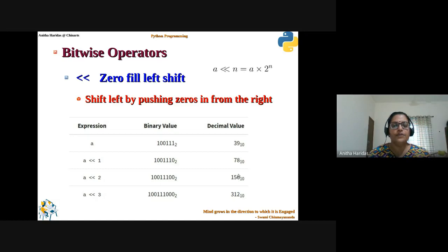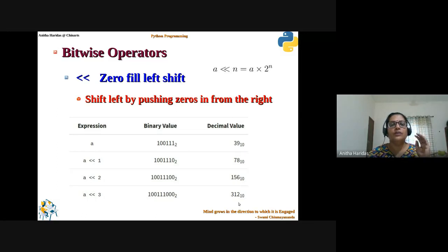Now, if you observe the decimal value, you can understand that if I'm going to do left shift, zero fill left shift, it is equivalent to multiplying the decimal value by 2. So 39 into 2 will be 78. 78 into 2 will be 156. 156 into 2 will be 312.